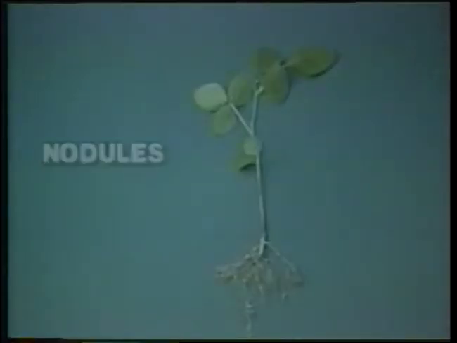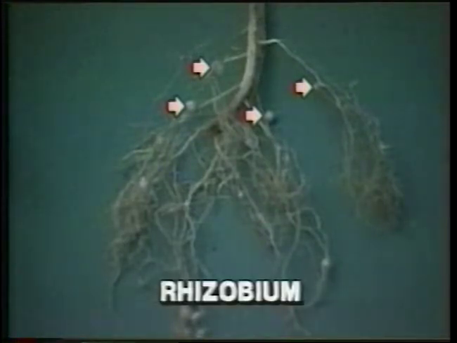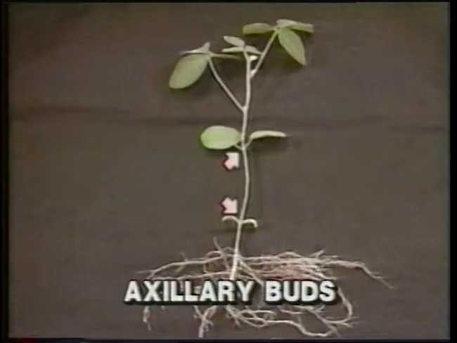Swollen, knot-like nodules become visible on the legume roots. These nodules contain bacteria called rhizobium, which convert nitrogen to a form available for plant use. Axillary buds are present at each node above the soil surface.